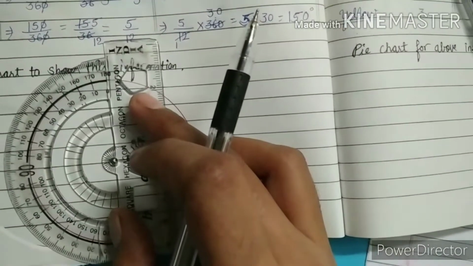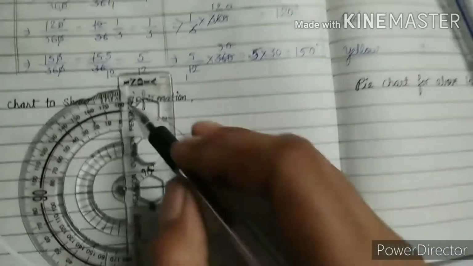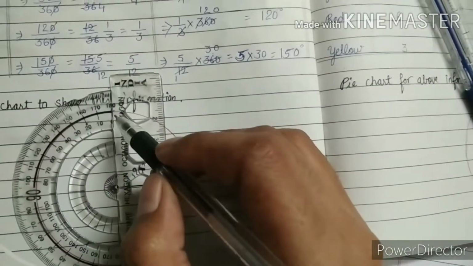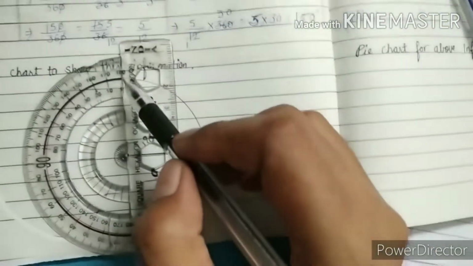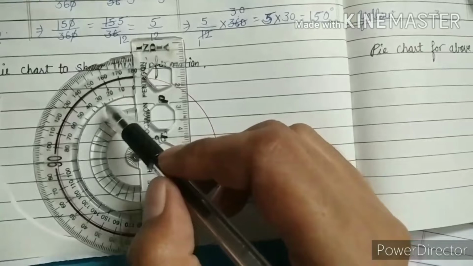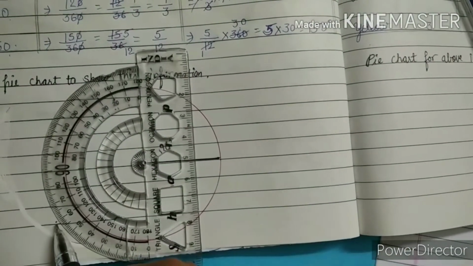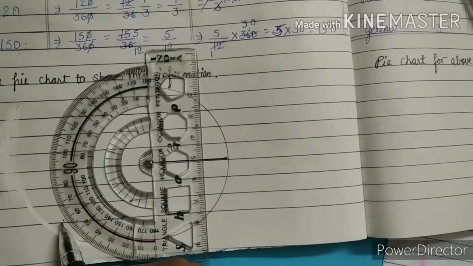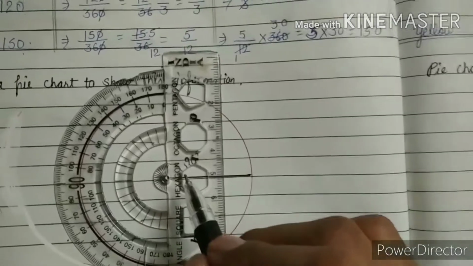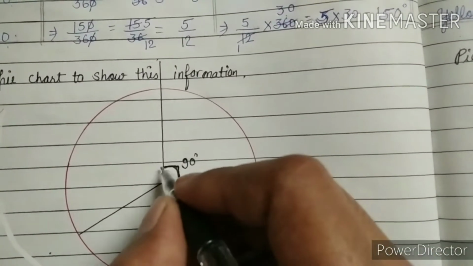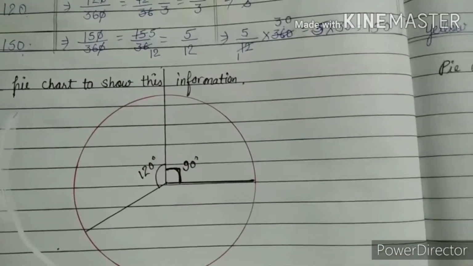Here as you can see, I have put midpoint here and baseline correctly. I have to make the angle of 120. So we will see from right hand side. 0, 10 continuously going on and 120 will come here. So I am making point here and I will join this point to midpoint of the circle. So here I have drawn 120 degree angle and here I wrote 120 degree.